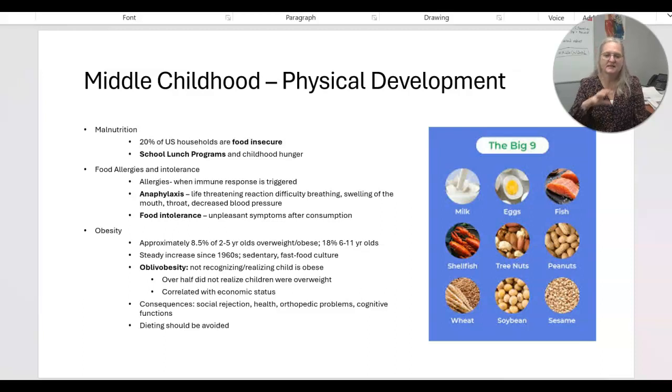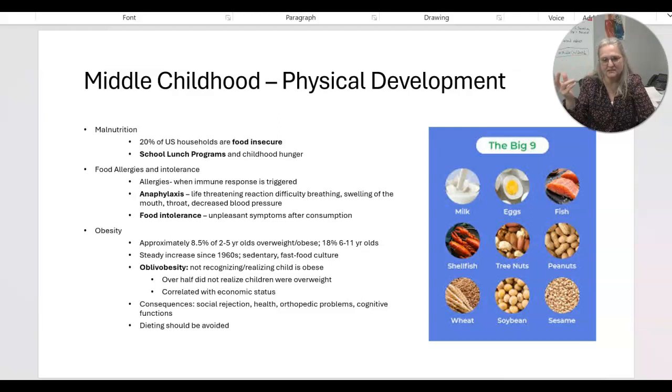And then there's an extensive discussion about the role of obesity. One thing that's raised in this chapter that was new to me is this idea right here of oblivia, I think that's obesity. It's, I suppose, the word oblivious and obesity put together, and it's the idea that parents and children are not aware of the degree, or they don't recognize that their children or even themselves are obese until they are, I think it's something like the 97th percentile.